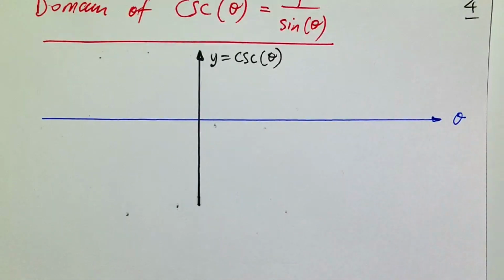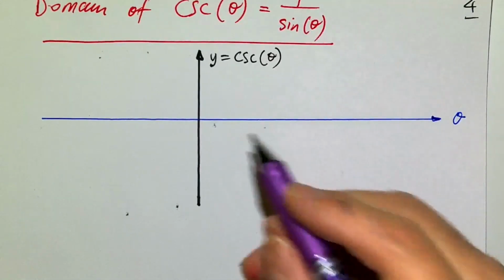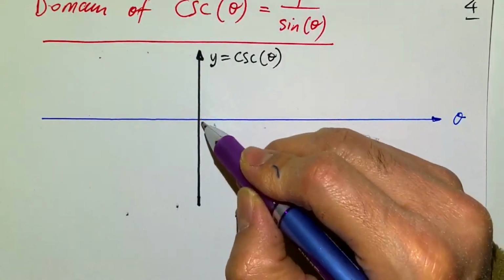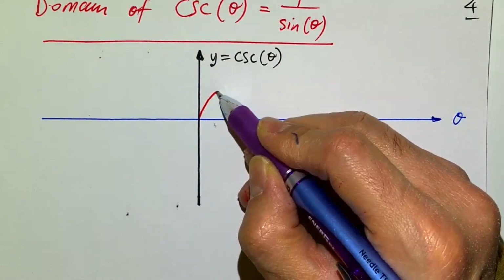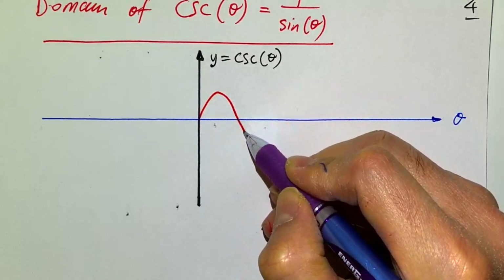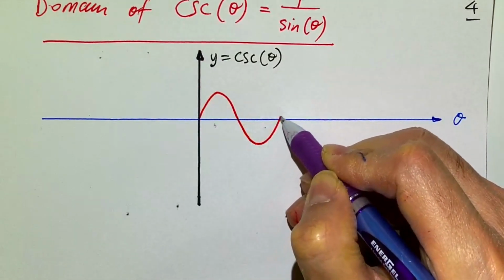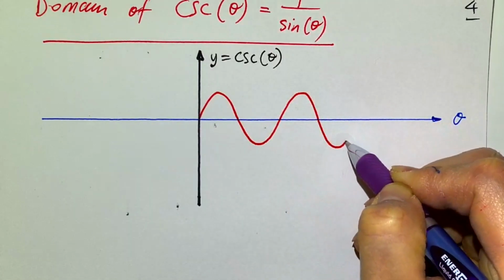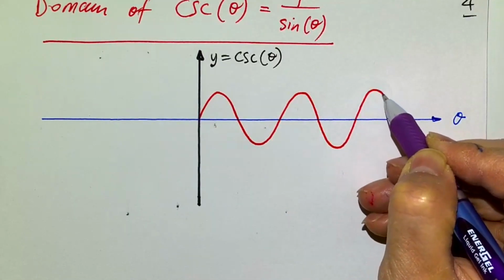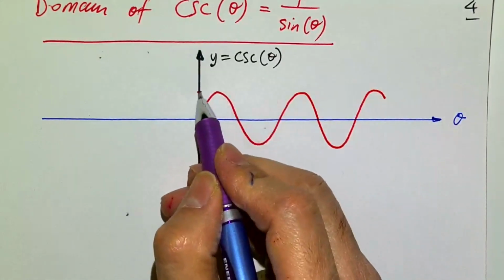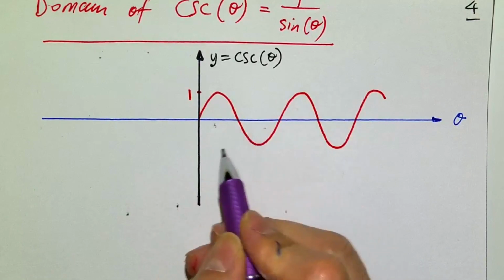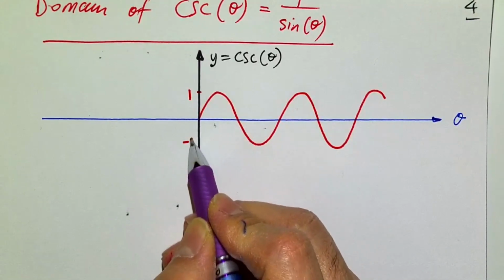Because we're going to need to know where the sine theta is equal to 0. So the sine graph does this. It does go through, do that, then come down, do that, do that, do that, and do that, and so on. Remember what this number was? That was 1. And here, that was -1, right?